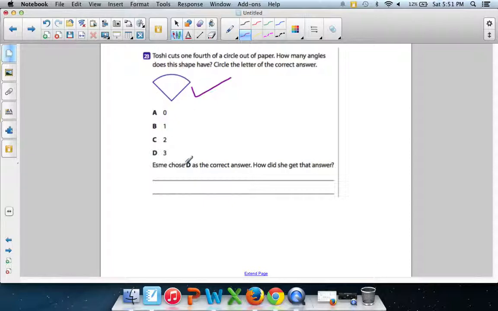So a kid might look at this and notice 3 places that could be angles. But really, you should be picking this one right here, because those are 2 straight rays that are connecting to create the angle. See the 2 straight lines or rays? They go and they make an angle.